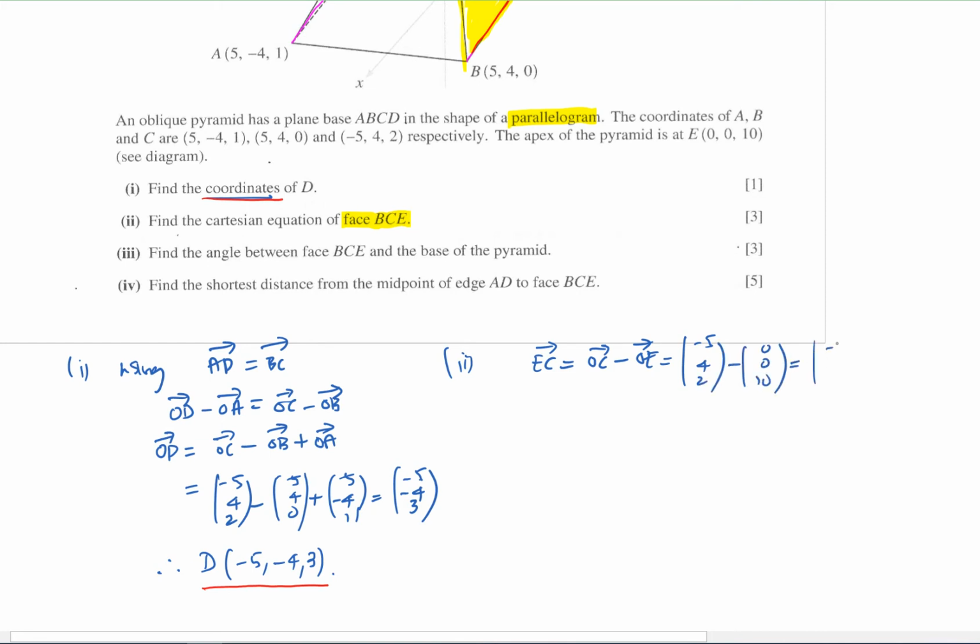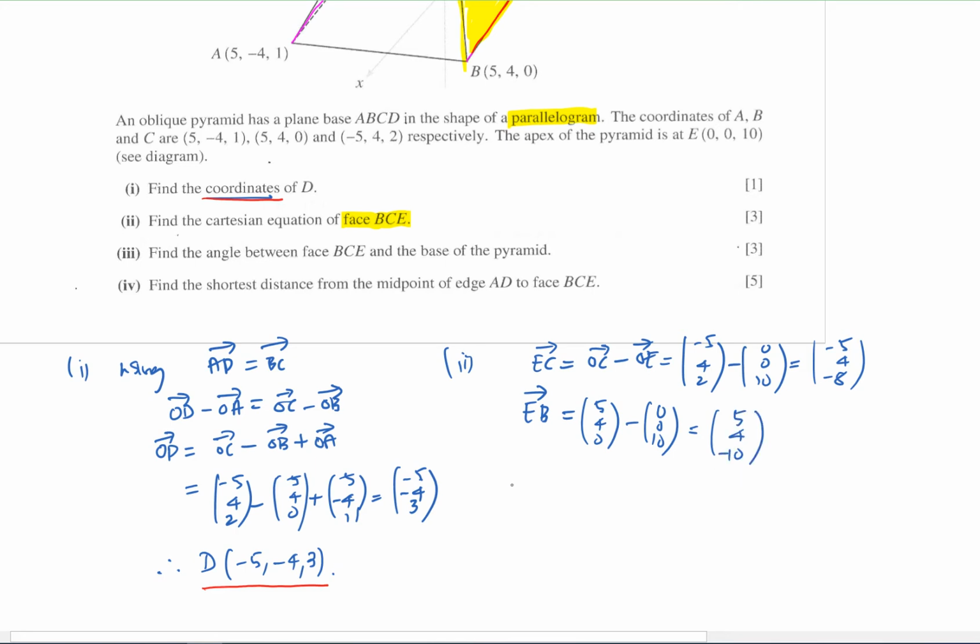The answer is (-5, 4, -8). Similarly, I'm going to use EB. It can be any two vectors; I'm using EC and EB because I know the coordinates. You can use any other two vectors. (5, 4, 0) minus (0, 0, 10), so it is OB minus OE. This will be (5, 4, -10).